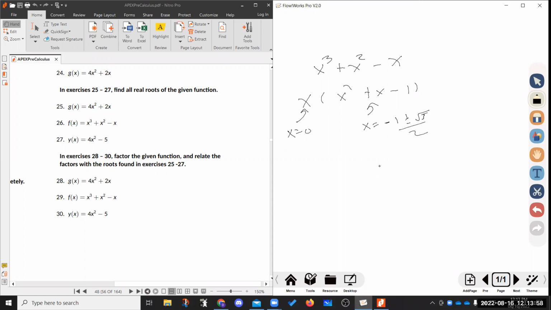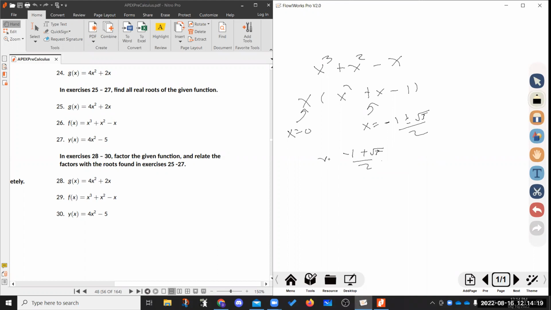So if I want to turn those into linear factors, though, let's solve here for the two factors. x equals negative 1 plus root 5 over 2. I'm sorry, equals x.